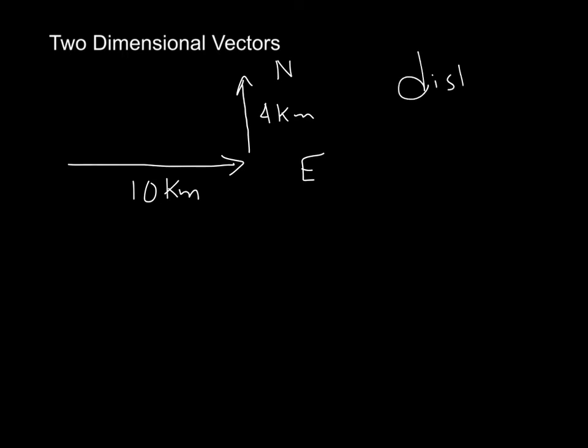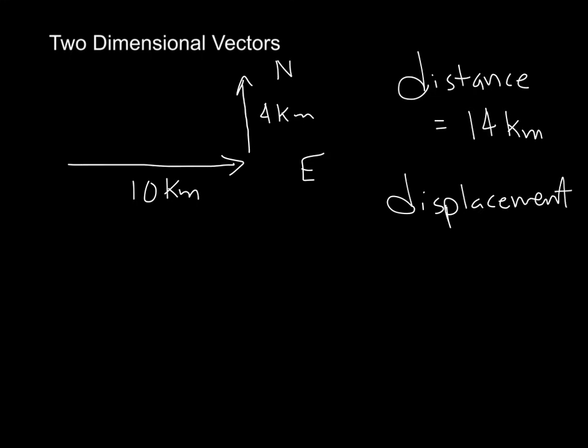And this highlights the difference between vectors. Distance is a scalar quantity. So the distance might equal 14 kilometers, but the displacement, which is the actual vector here, is this: how far am I in a straight line from where I began?